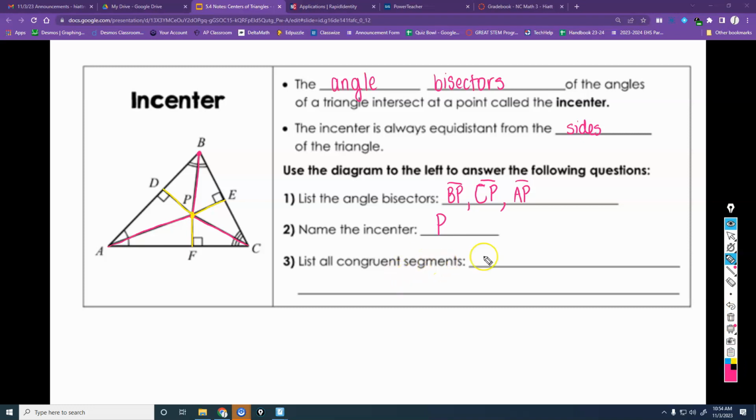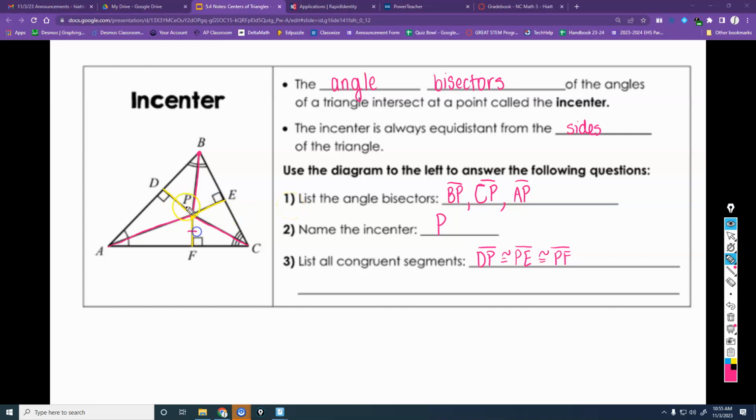So that would be DP is congruent to PE, which is congruent to PF. Those three I have highlighted there in yellow are congruent to each other.